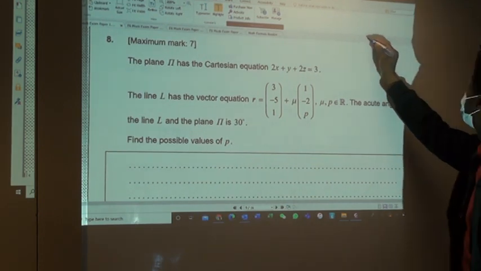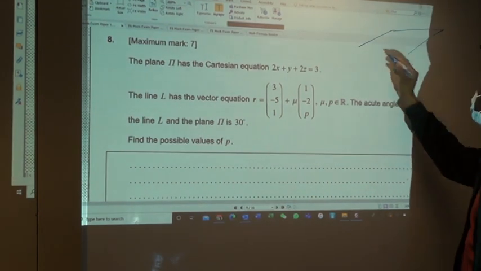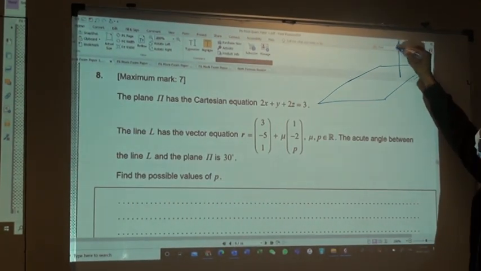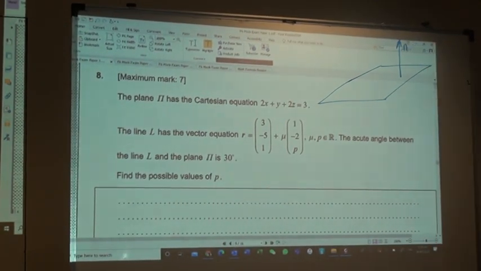So we did something like this. You have a plane. The normal to this plane is n. Now there is a line.